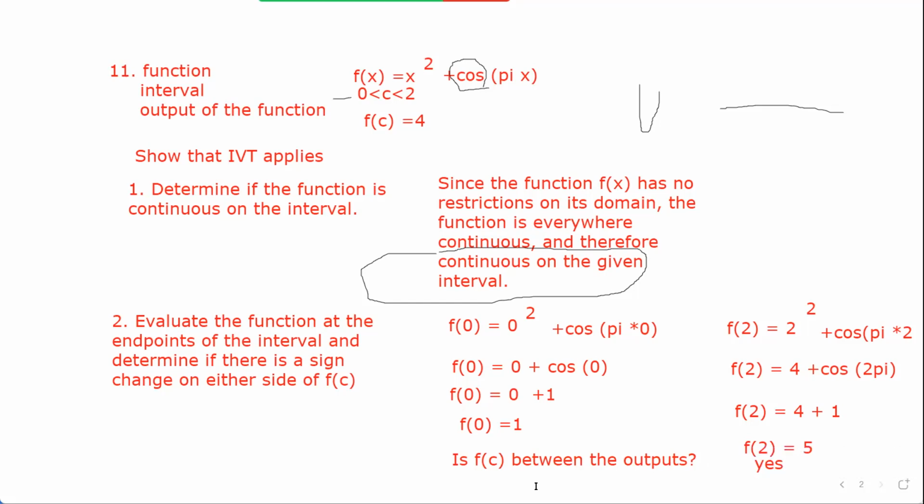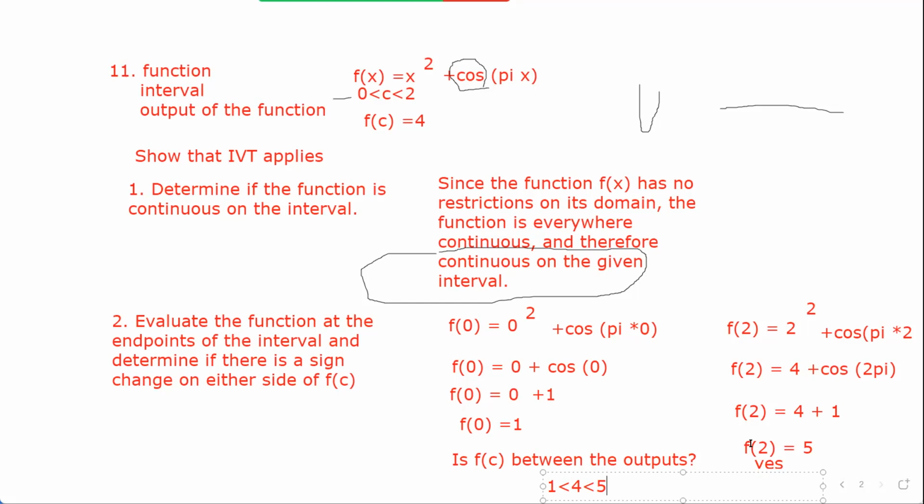I'm going to write it like this. Because 1 is less than 4 is less than 5. 4 is in the interval between f of 0 and f of 2.